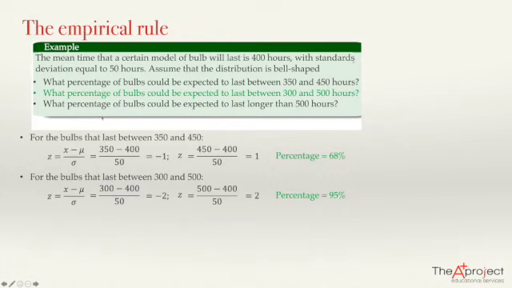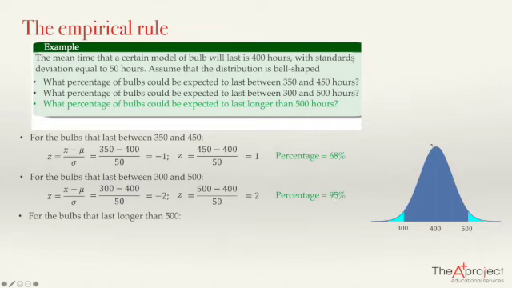And finally, what percentage of balls could be expected to last longer than 500 hours? In this case, our distribution is completely symmetric. This is different from the Tchebyscheff theorem, which could be any shape. But in this case, it needs to be symmetric and bell-shaped. Now we know that the percentage of data that falls within 300 and 500 is 95%.